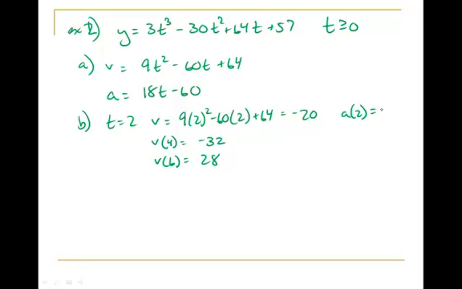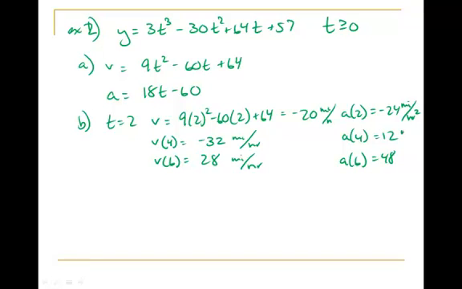A of 2 was negative 24, A of 4 was 12, and A of 6 was 48. And I'm sorry, we shouldn't forget the units on here. Since this is miles per hour here, miles per hour, miles per hour, miles per hour, these are all miles per hour squared.